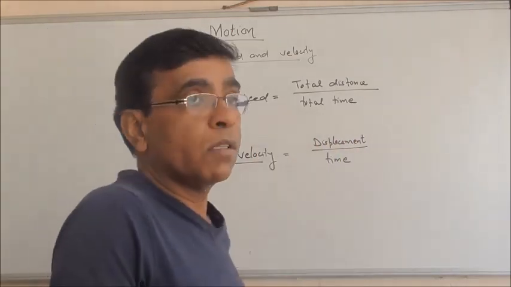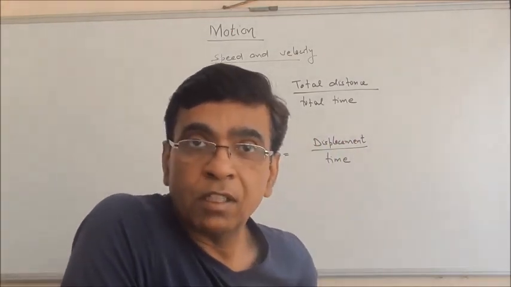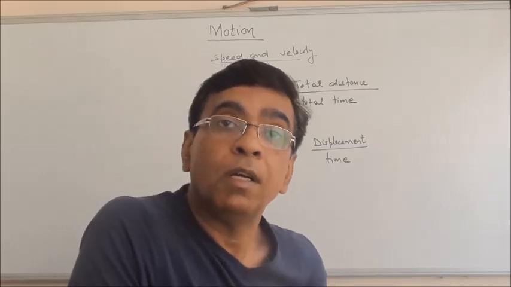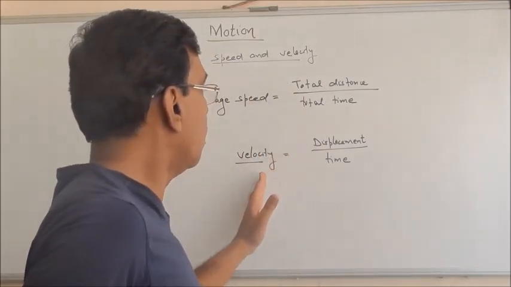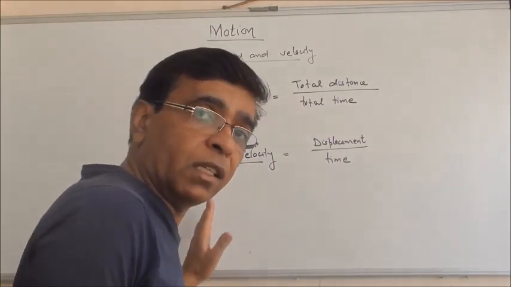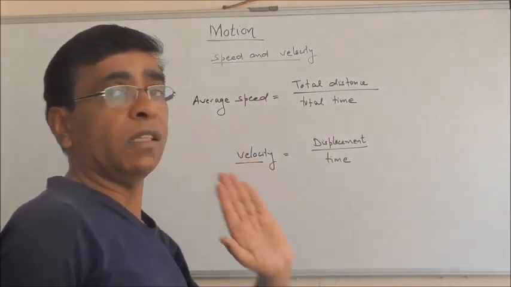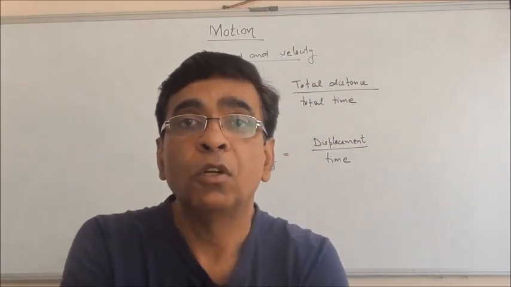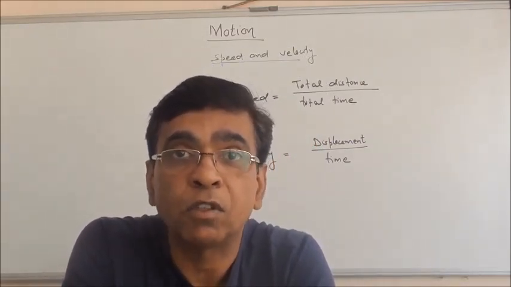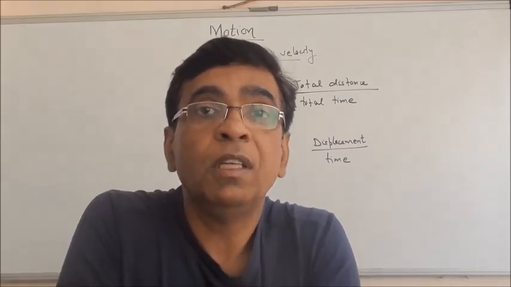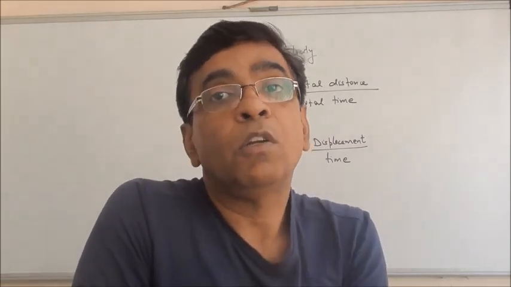So it tells us how fast an object is moving and in what direction it is moving. And again, just like the speed, we can have velocity as average velocity and then instantaneous velocity. Average velocity is total displacement upon total time, and instantaneous velocity is velocity at one particular instant of time.